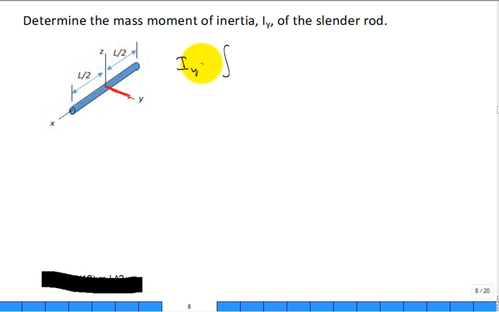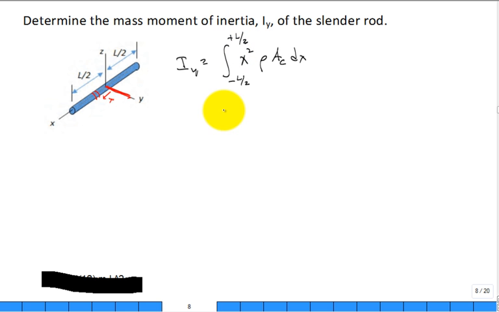I sub y is equal to the integral, and then we're going to have that x squared, the distance, thinking about going out to this chunk right there, x, times rho a sub c dx. But now we're not going to go 0 to L, so the integration is set up the same, but what do we do with respect to x? Don't we go from negative L over 2 to positive L over 2?